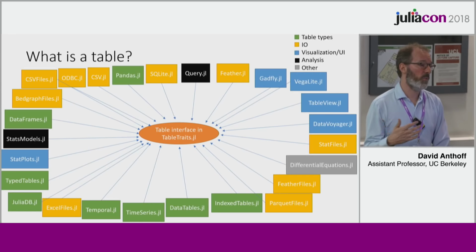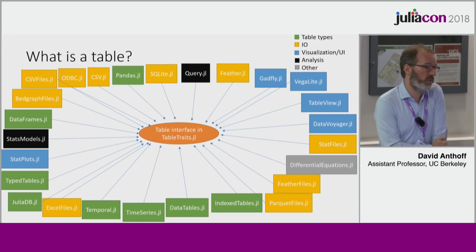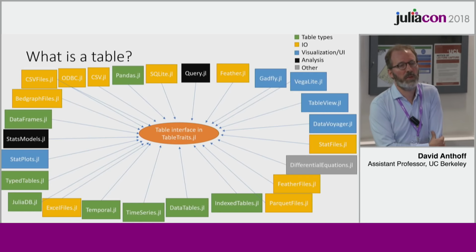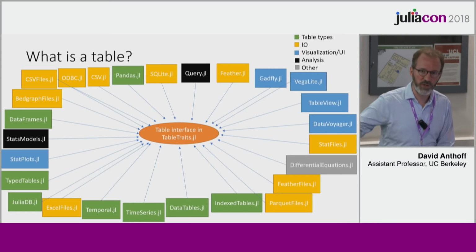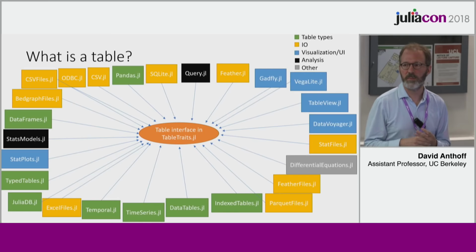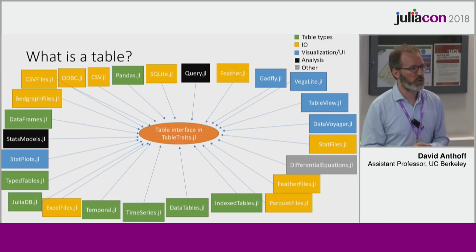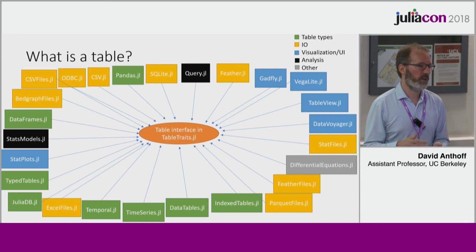Then we have all the I/O packages. Those are the native Queryverse I/O packages that I showed you. It also works with any package that implements the DataStreams interface. So all the great packages from that universe, especially on the DB side, also work with this story. Then it's integrated with a couple of plotting packages: Gadfly, VegaLite, and StatPlots all work with this.